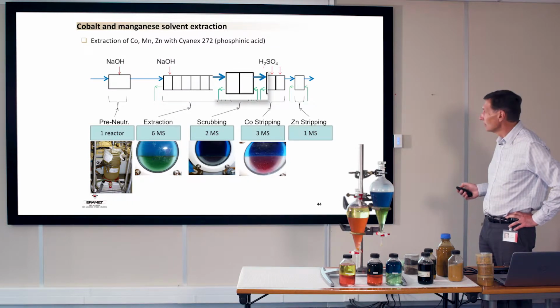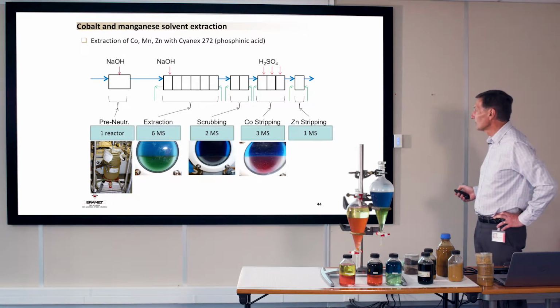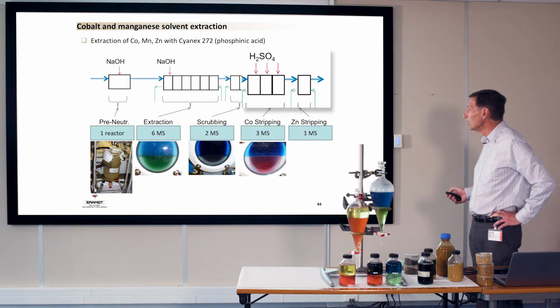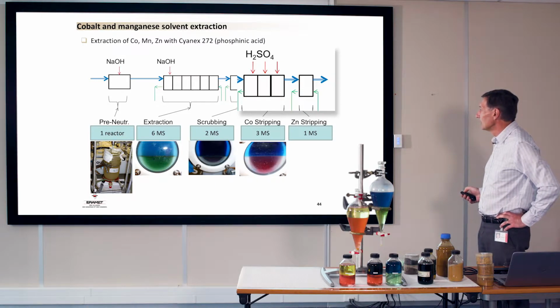Scrubbing, I showed you that, to recover the remaining part of nickel content in the solvent, and after that the stripping, the recovery of the cobalt and manganese in 3 mixer settlers.